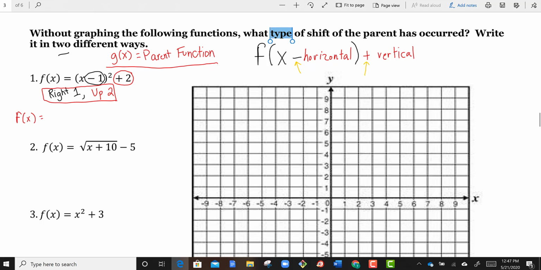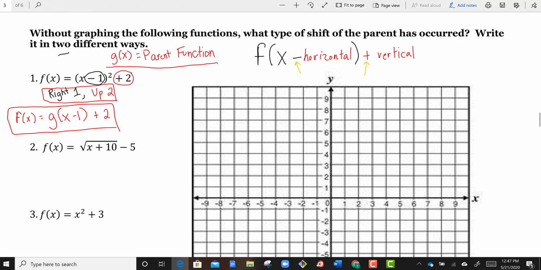So this is going to hold true for all the problems we do. G of x is the parent function. So this tells us the f function is just the parent function shifted right 1 and up 2. And you'll notice the second way we wrote it is basically identical to the original problem. Just the notation is a little bit different.